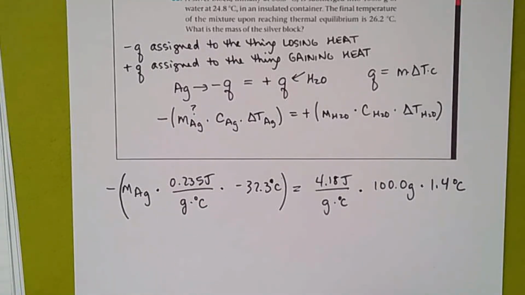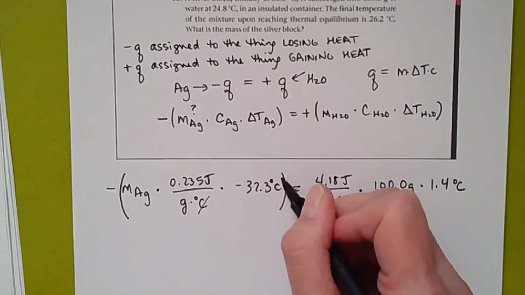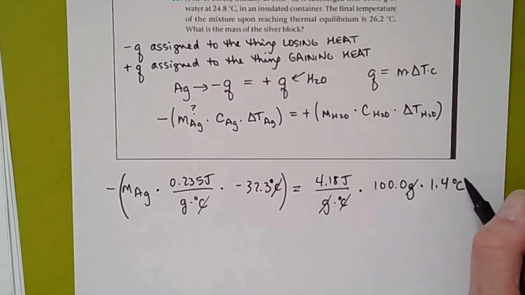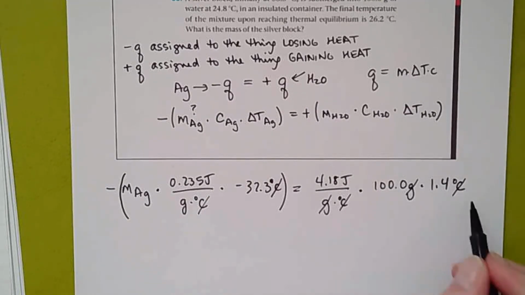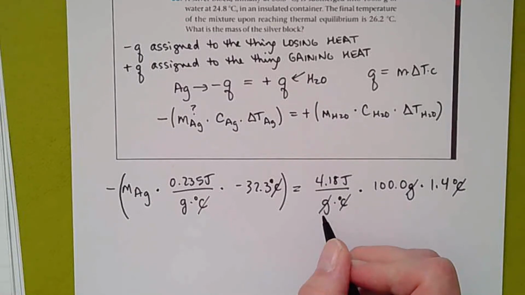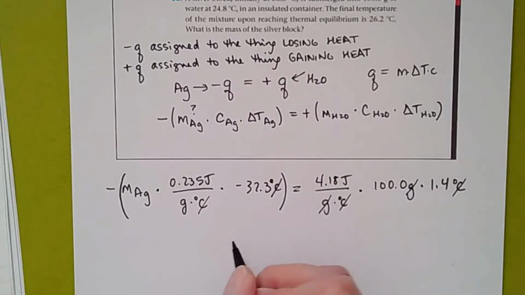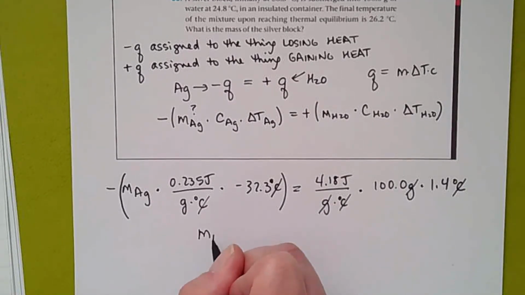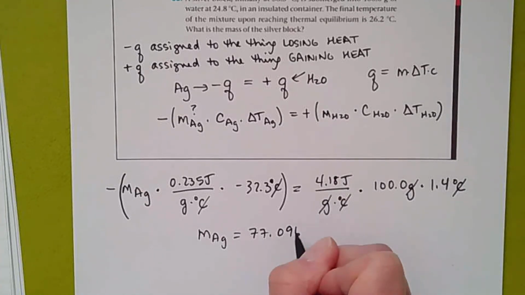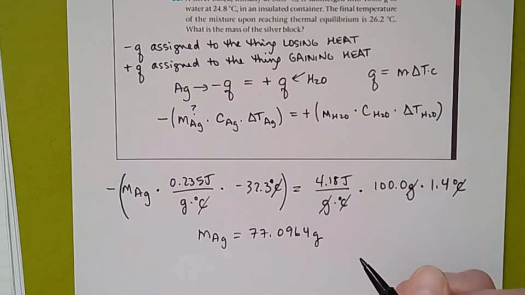Okay, so what's going to cancel? We're going to cancel out the degrees here, and here we're going to cancel out the mass and the temperature. On the right side, I went ahead and just solved for this. So plug this into your calculators, and you should get 77.0964 grams.